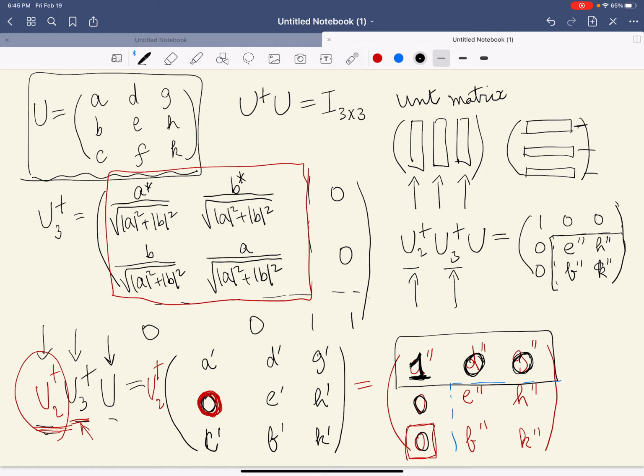However, since this 2x2 submatrix is also going to be a unitary matrix, and finding the inverse of a unitary matrix is really just trivial, because by definition of a unitary matrix, all you have to do is take the Hermitian conjugate of that matrix, and that automatically becomes the inverse matrix. So I can call that inverse matrix U1 dagger.